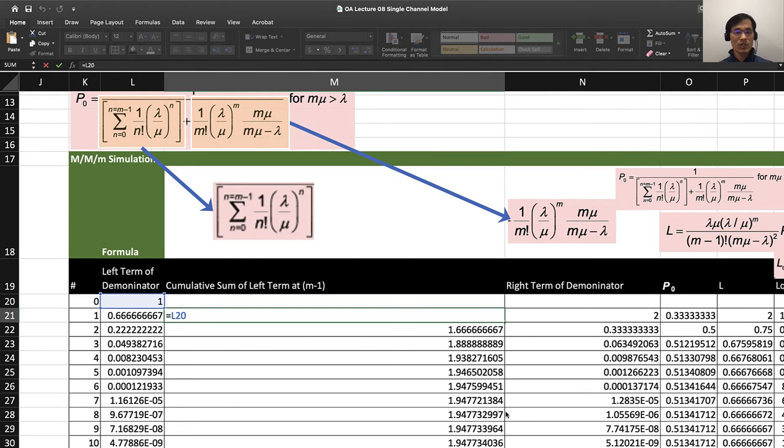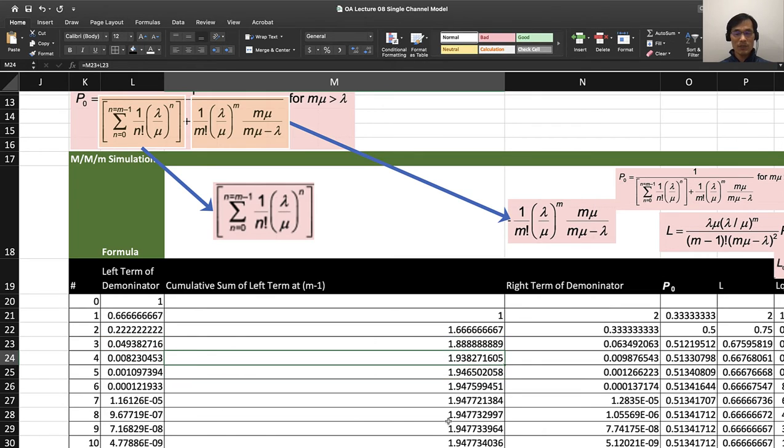I'm going to just bring that value as it is, and then on the second one, I'm going to add this one and this probability together, and then I have 1.66, and then the third one, 1.66 plus 0.22, and that gives you 1.88, and here 1.88 plus 0.049, that gives 1.93.